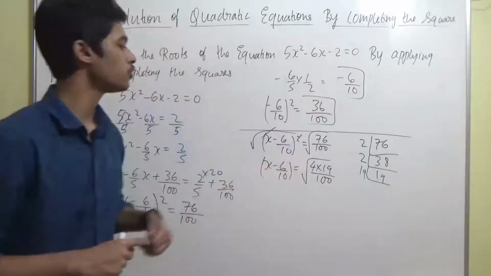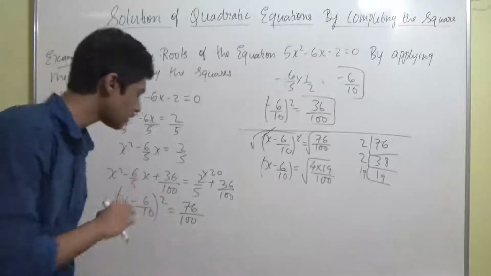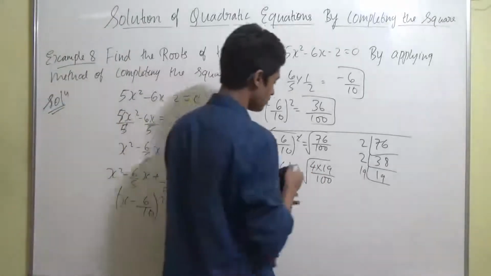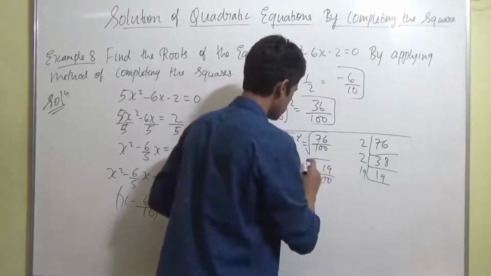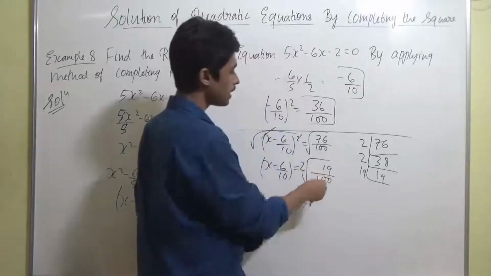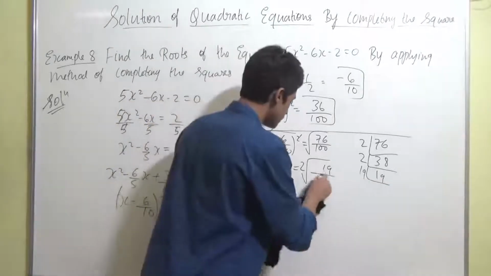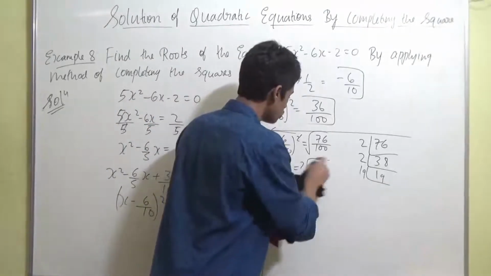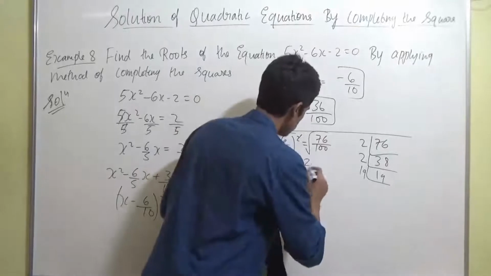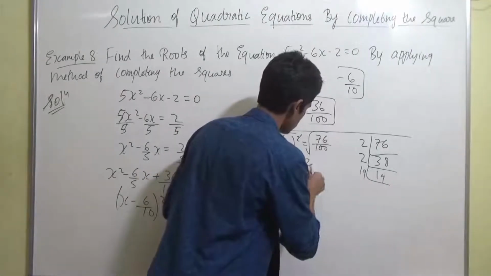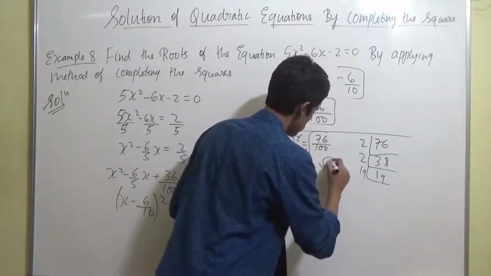So what will be root of 4? It is 2, right? So 4 will come out as 2 outside the root. Only 19 is remaining, and 100, when it comes outside the root, becomes 10, because 10 square is 100, right? So it becomes like 2 by 10 root 19.